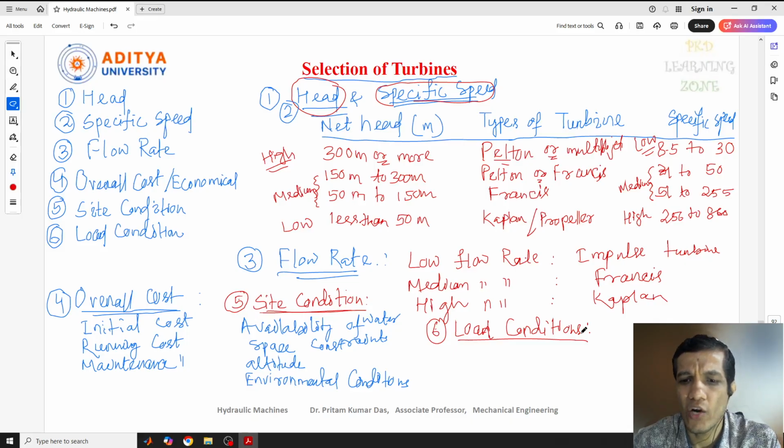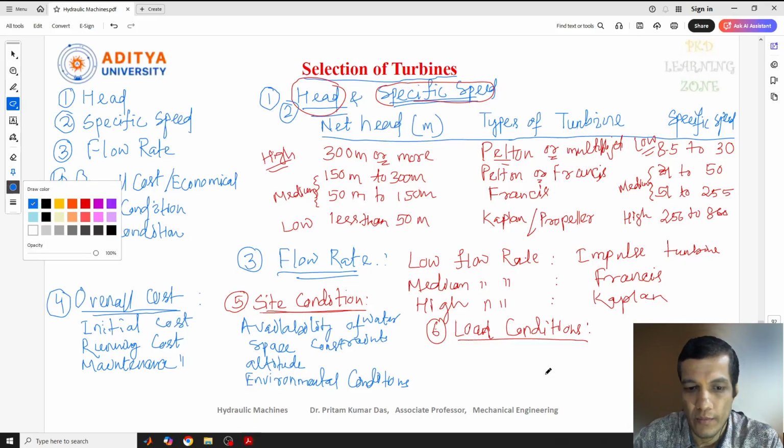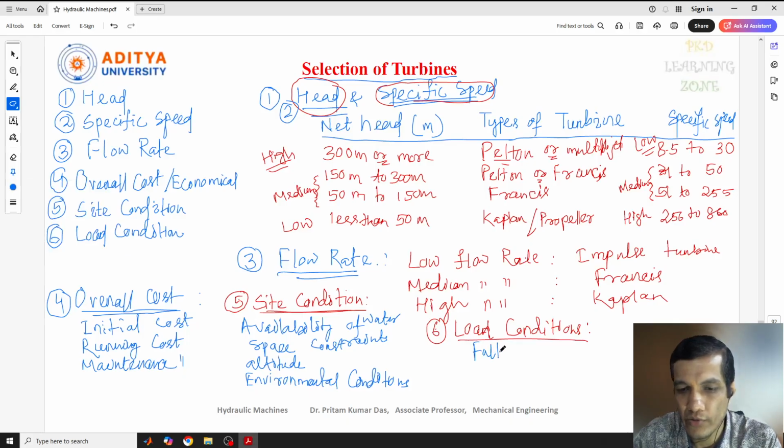we cannot always consider the full load conditions. So sometimes we need to go for the, see, load condition in the sense, as I told previously also, we have full load, or we can say partial load. In the partial load also, it depends on how much load you are going to give, 50% or 25% or 75% of load.